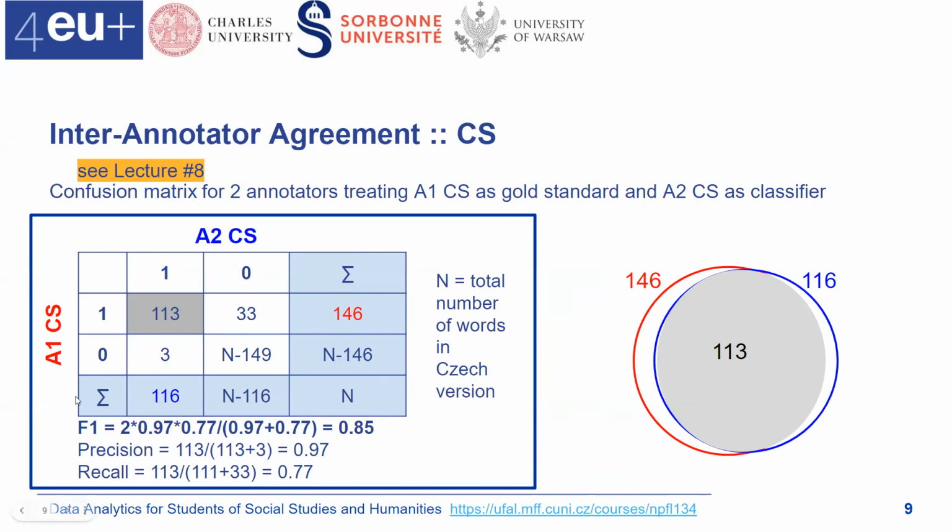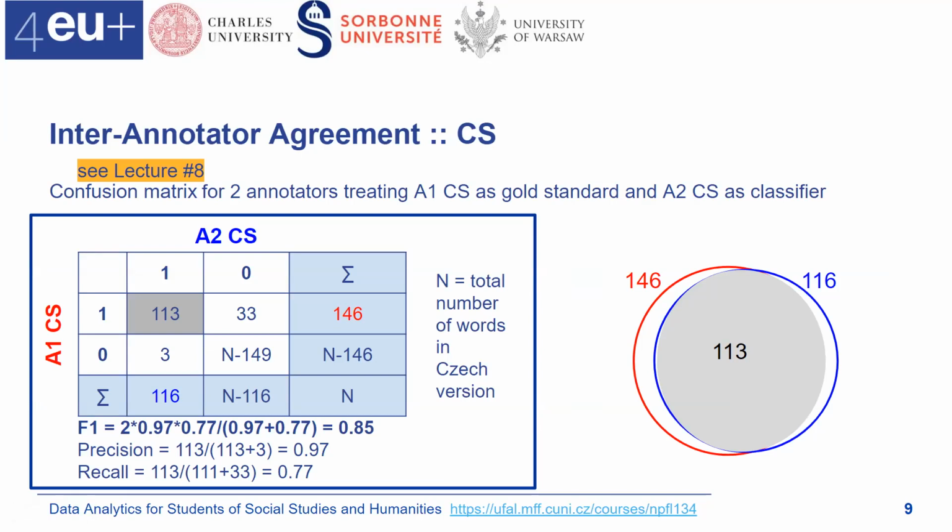To compute the F1 measure, we need to compute the measures precision and recall first. Recall is the ability of the classifier to find all the subjects within a text.